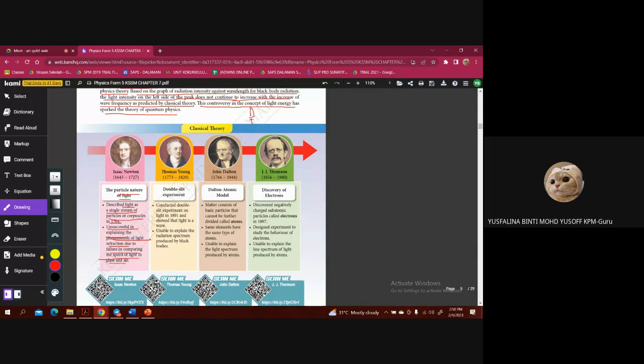So this is the double slit experiment. He conducted the double slit experiment on light in 1801 and showed that light is a wave. This is the proof that light is a wave, because we know the characteristics of waves.